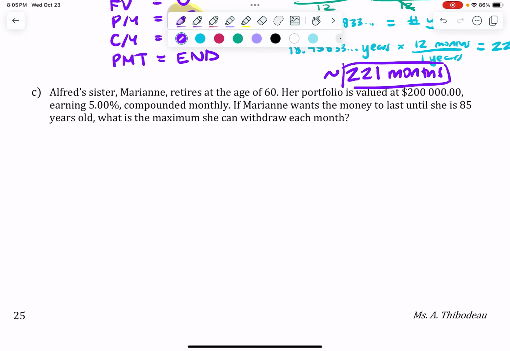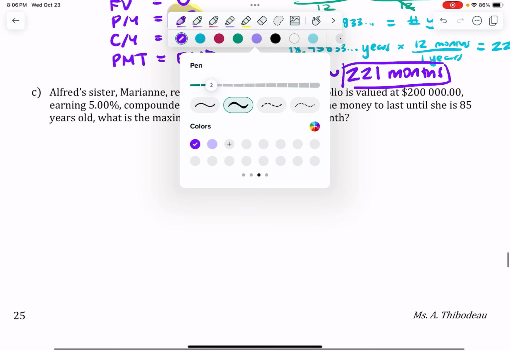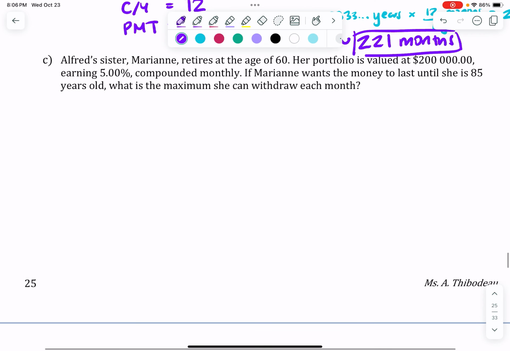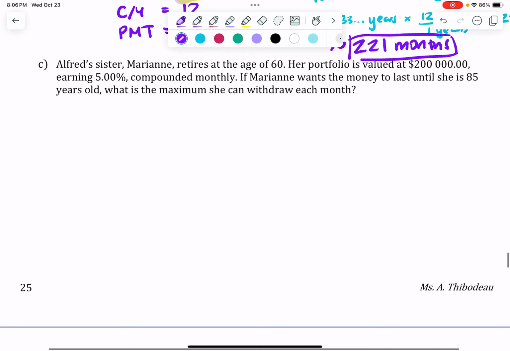When I take a look at this question, what am I looking for? Well, I want to know that repeated amount she can withdraw, which means I'm looking for PMT in this particular question. I know I'm using TVM because interest is compounded. That's my only strategy I have for dealing with compound interest here. So let's just dive right in.